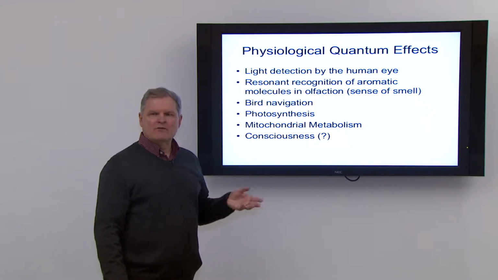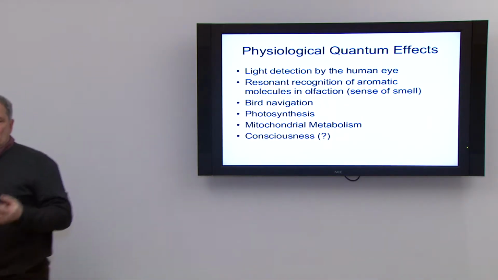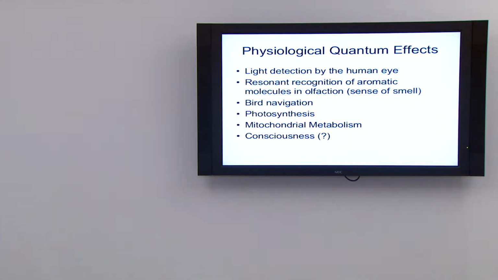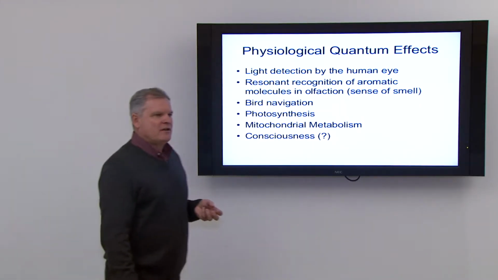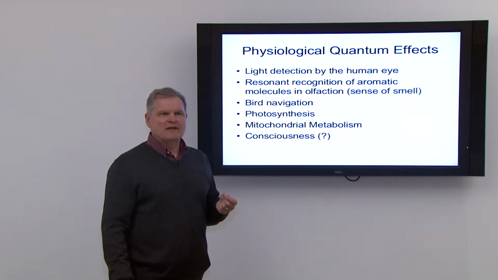That's actually going back quite a number of years, maybe 50 years ago. That was already known. So the receptors of light in the eye, rods and cones in the retina, are very intricately built, and they are able to receive a single quantum of light, electromagnetic radiation.